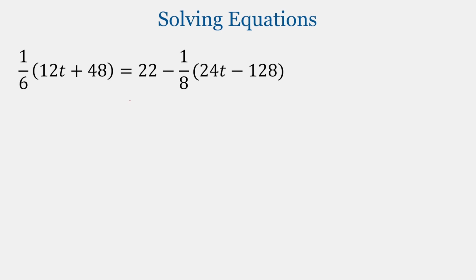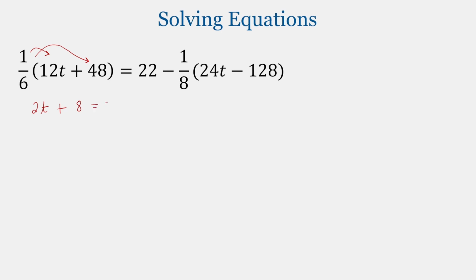So let's practice one more. This one's got fractions. So once again, the recommended first step is to use the distributive property to do this multiplication to get rid of the parentheses. So 1/6 times 12, well, that's 2. So we have 2t. And then 48 times 1/6, or 48 divided by 6, is 8.